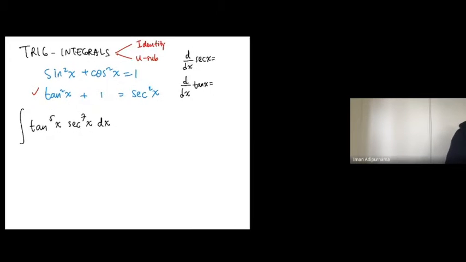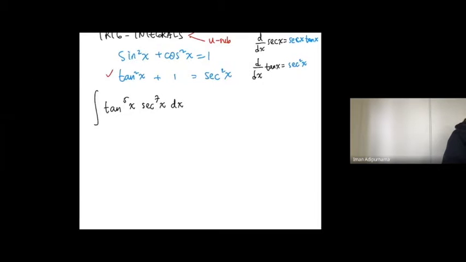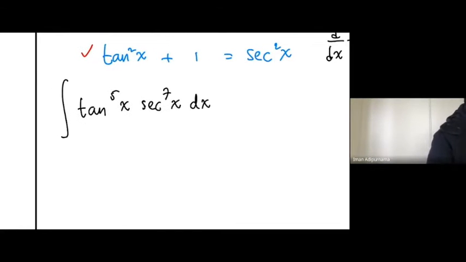So the derivative of secant x becomes secant x tangent x, and derivative of tangent x becomes secant squared x. Okay. Now, if we see this tangent 5 and secant 7, the idea is similar to what we did on Tuesday.